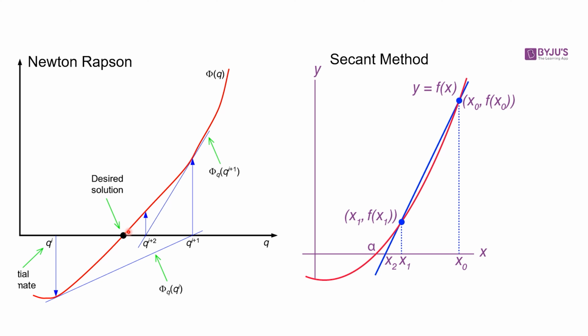To solve this problem, mathematicians formulated the secant method. So in the secant method, instead of taking the derivative at a single point, you will pick 2 points to become a basis of your slope.